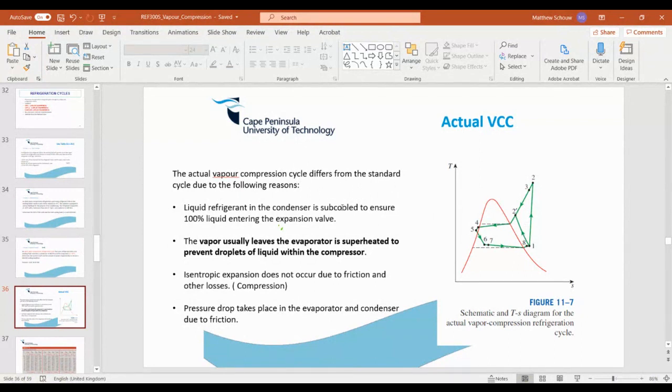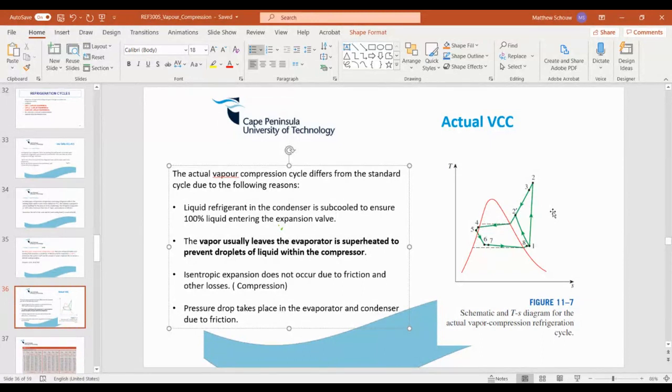One is that the liquid refrigerant is subcooled in the condenser to ensure 100% liquid entering the expansion valve. What it means is that we assume after it goes to the condenser, which is essentially from 2 to 4 here, it's not particularly more complicated.